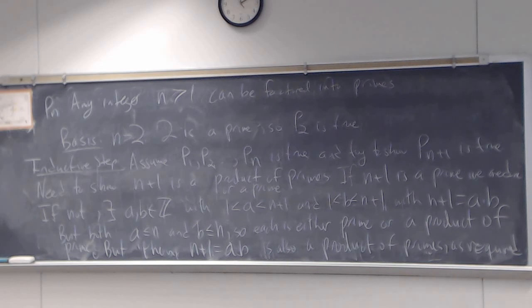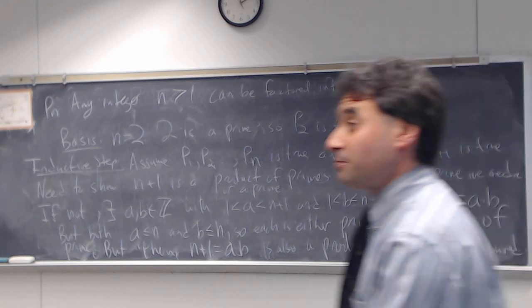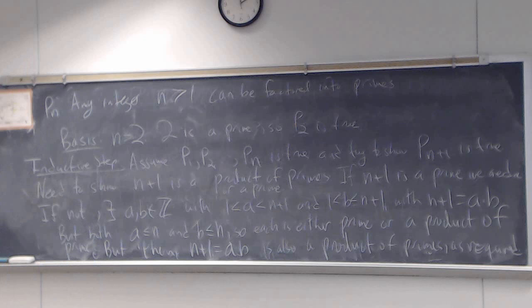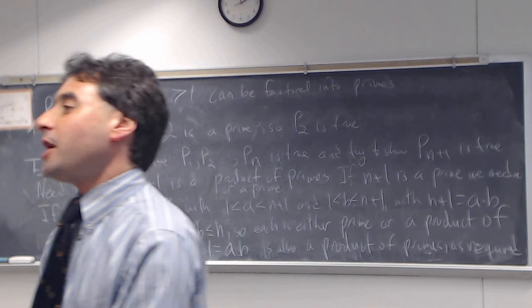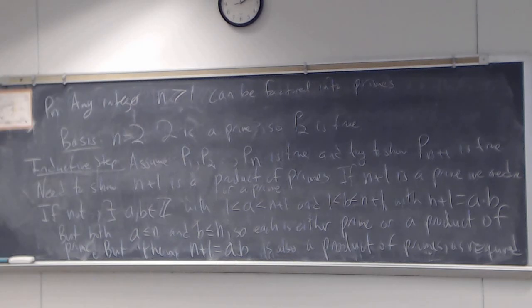So again, you see where the strong form of induction comes into play here, right? If this was just weak induction, all we would be able to conclude is that n is a product of primes, or a prime, nothing else. But with the strong form of induction, since a and b are both less than or equal to n, we can conclude that the statement is true about those integers.